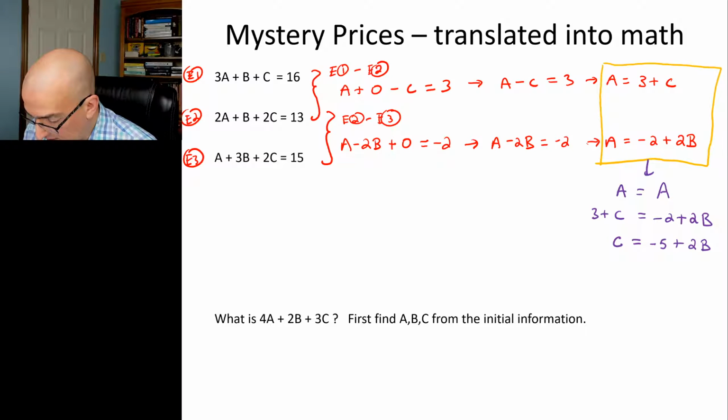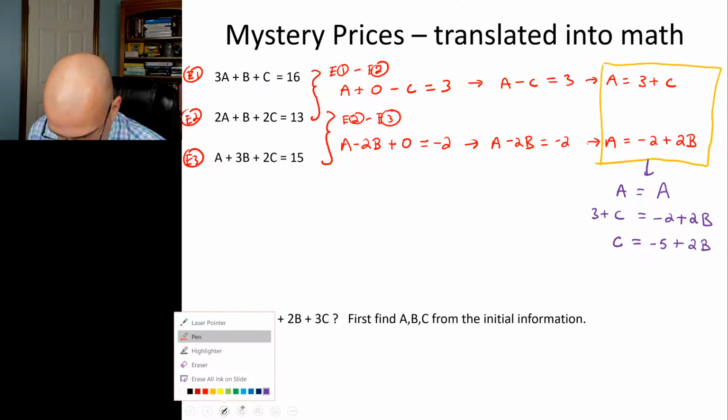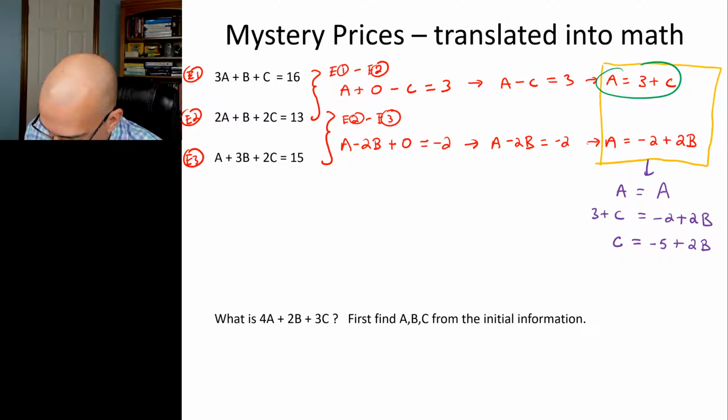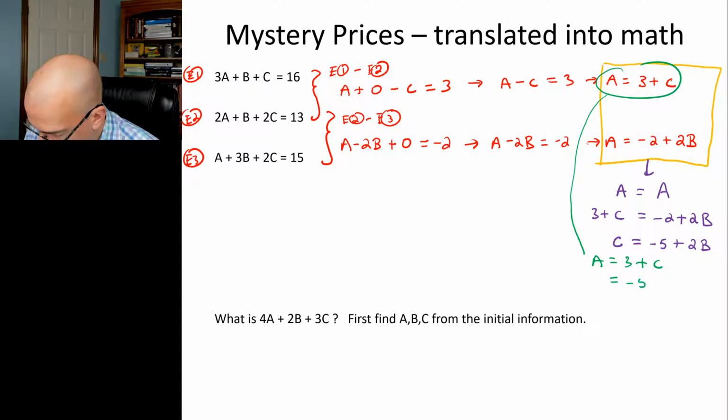And then I can get A in terms of B. So I'm going to go back up here. A is equal to 3 plus C, which is equal to 3 plus negative 5 plus 2B, which is equal to negative 2 plus 2B.